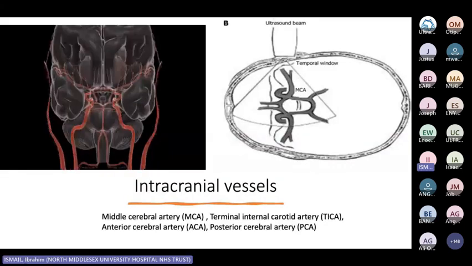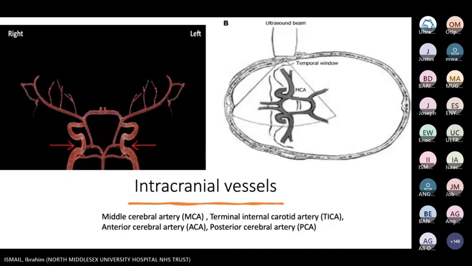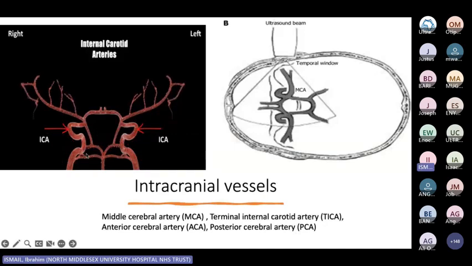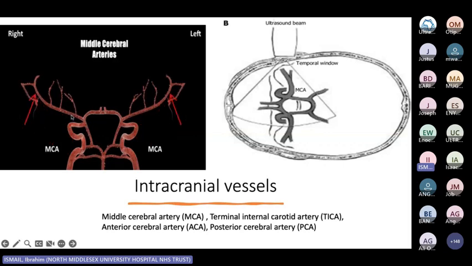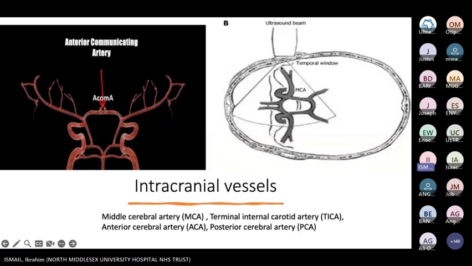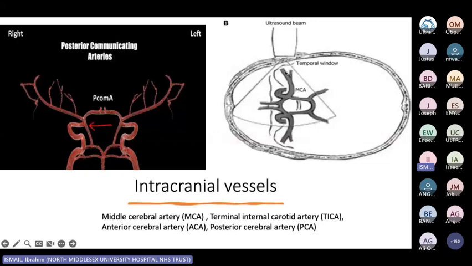So you've got this illustration here. As you can see, the internal carotid goes up, and then the middle cerebral artery. We have the ultrasound probe, usually via the transtemporal window, placed in the region here, and we look into the middle cerebral artery as a point of reference.